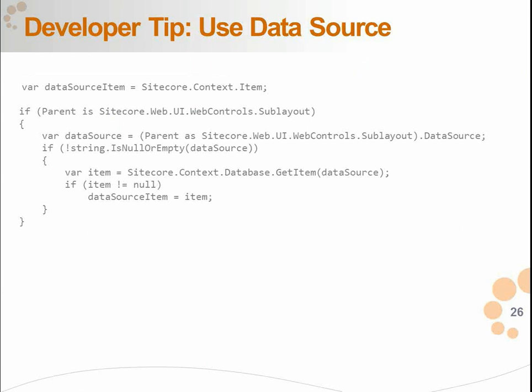Next line of code, we're checking if the wrapping component around my custom component is a sublayout. If it is, then we can extract the data source property from it. We'll check to make sure that that data source is not empty, to make sure that it has been configured. Then I can locate that item in the Sitecore database. I can use that as my data source. So when I'm coding in my solution, rather than using sitecore.context.item, I can be using data source item, that variable there.